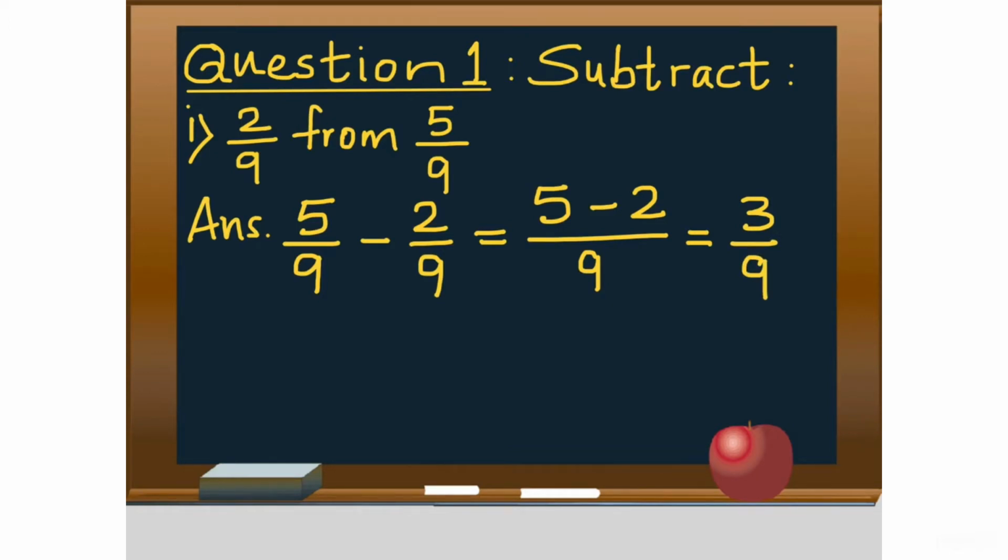Since 3 and 9 have 3 as common factor, let's cancel the common factors. 3 times 1 is 3, 3 times 3 is 9. So the answer is equal to 1 by 3.